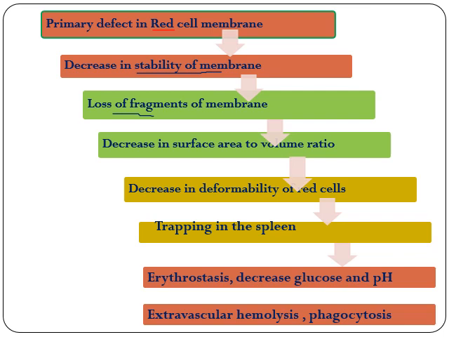As a result, there will be decrease in surface area to volume ratio, and this will lead to decreased deformability of red cells. As a result, whenever they pass through the spleen, since these are abnormal RBCs, they will be trapped in the spleen and there will be erythrostasis.